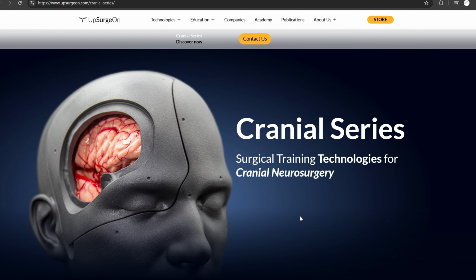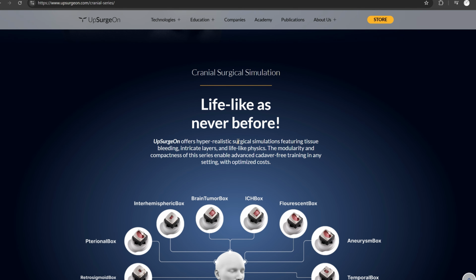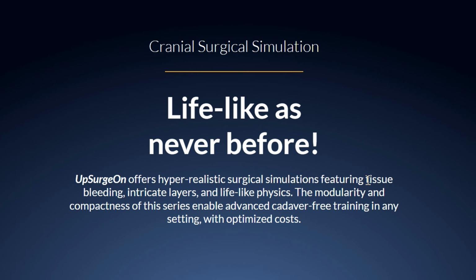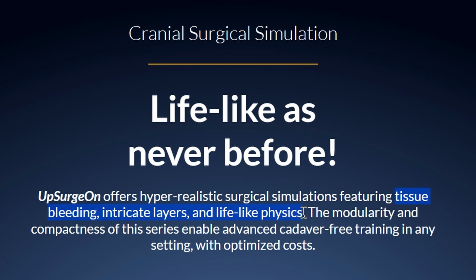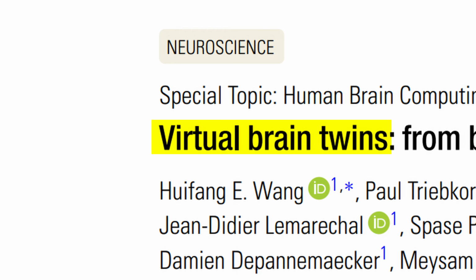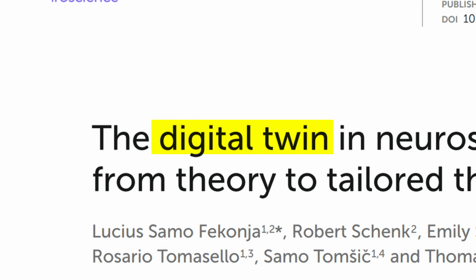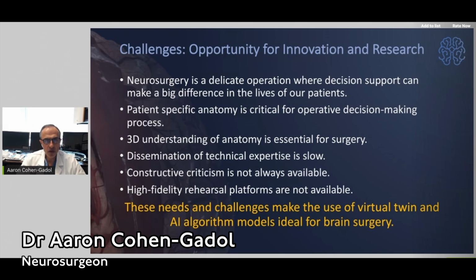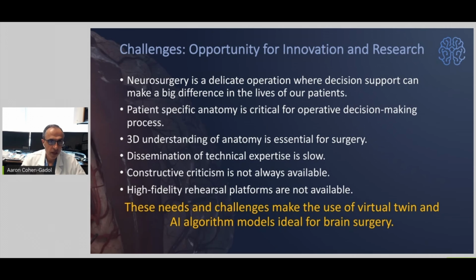In neurosurgery, surgical simulators are well established in resident training, even equipped with tissue bleeding, intricate layers, and lifelike physics. But the real game changer is the use of a virtual twin that can be customized to fit a specific patient's brain. Patient-specific anatomy is also critical for operative planning and decision-making process.